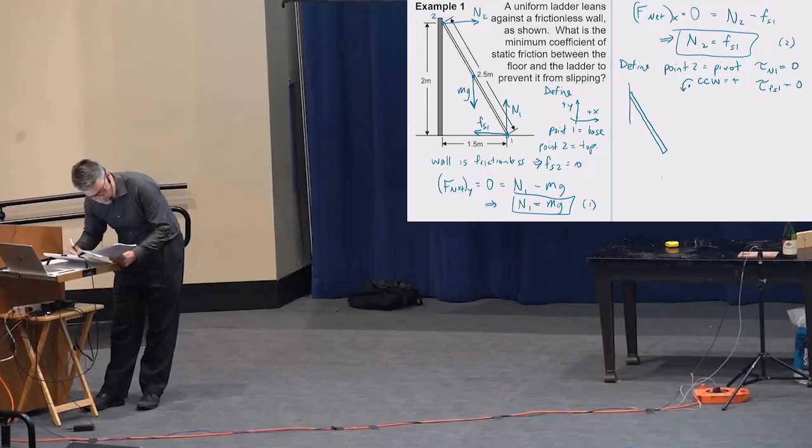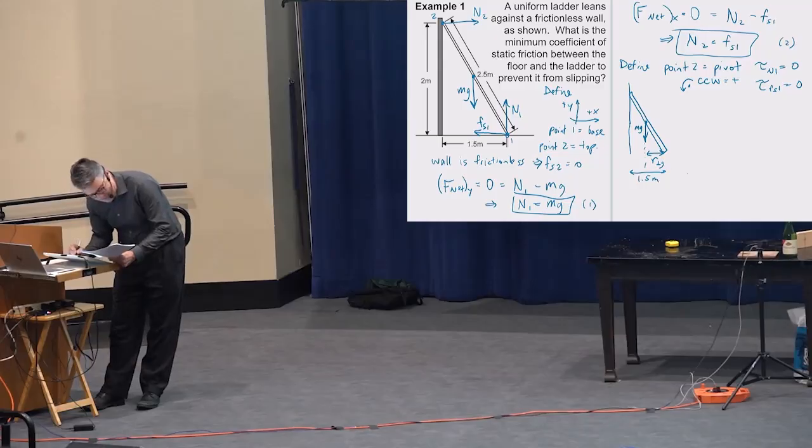Here's the wall. Here's mg. So that's the force line for mg. So I think if you do this distance right here, this is r perpendicular for the gravity. And don't forget that this whole distance from the wall over here is 1.5 meters, right?